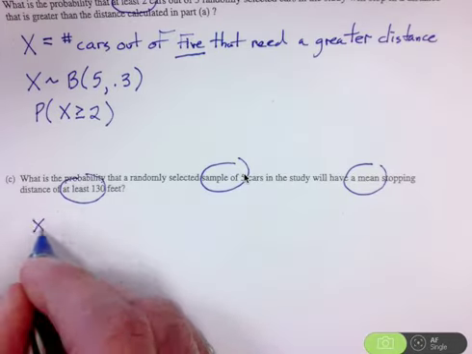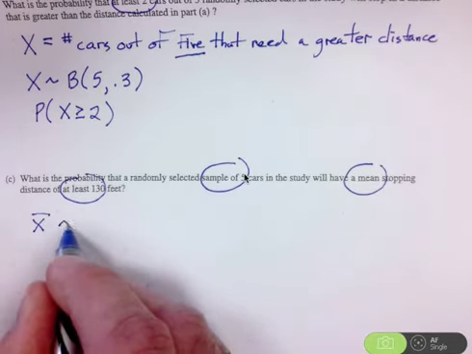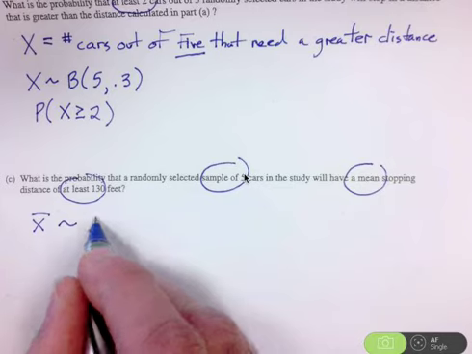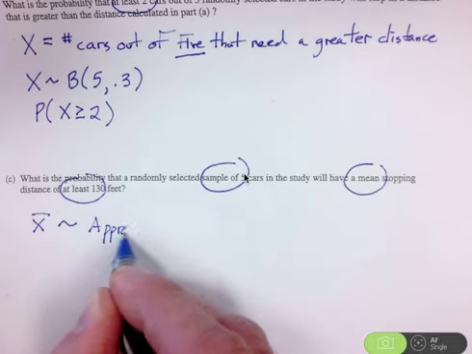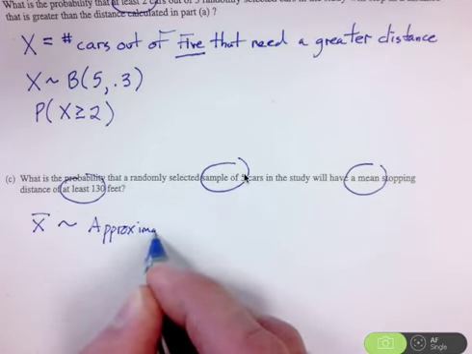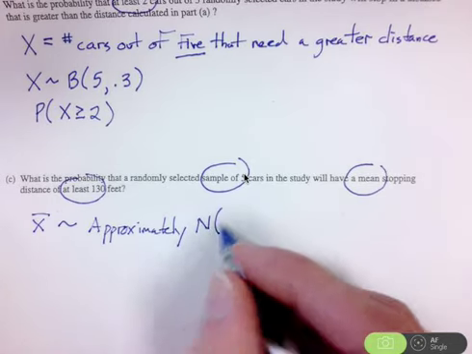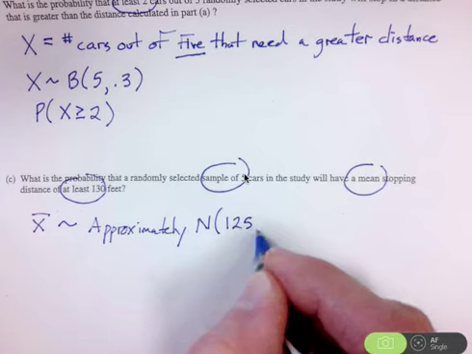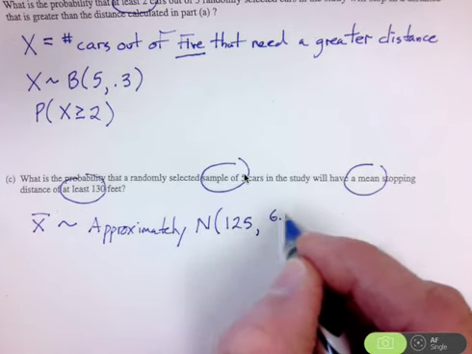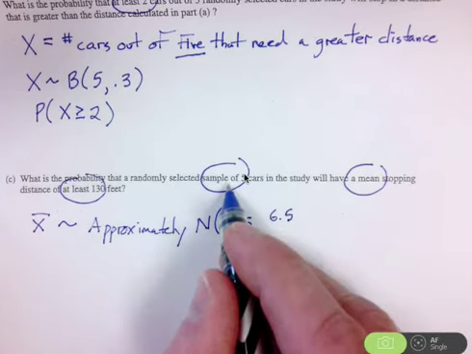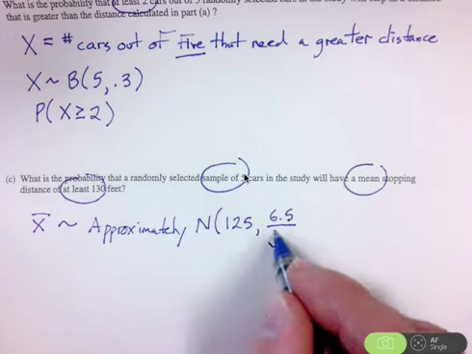So my sample means are distributed approximately normal with a mean of 125 feet. Now the standard deviation isn't just the 6.5, I have to divide by my sample size of 5.